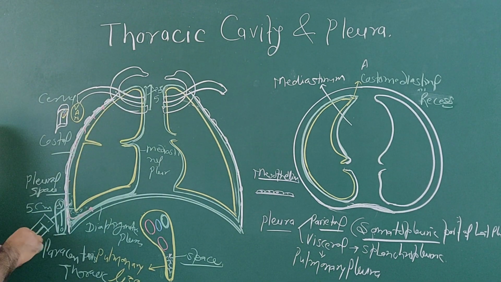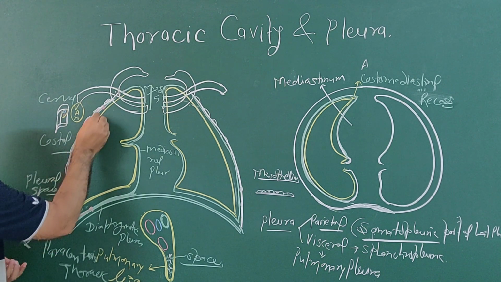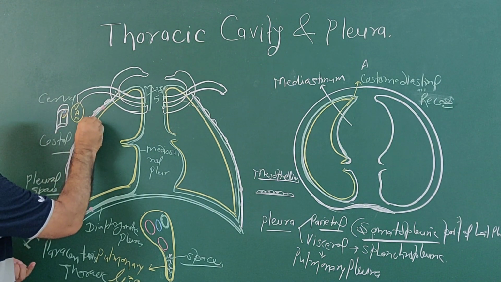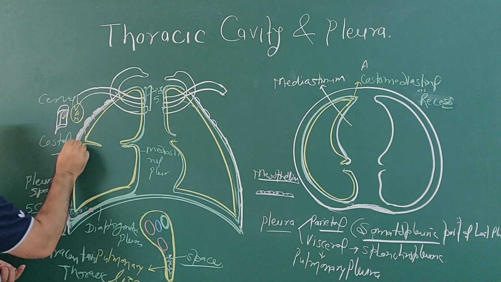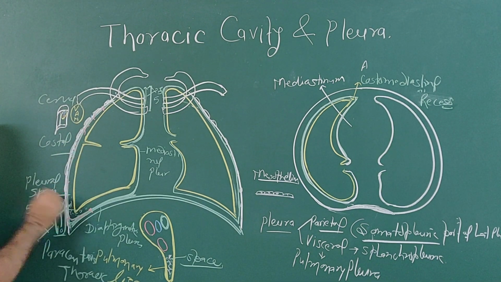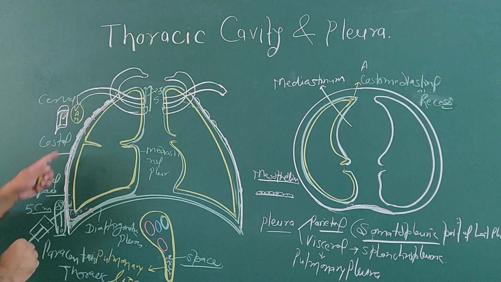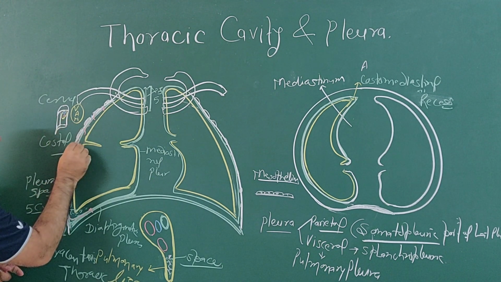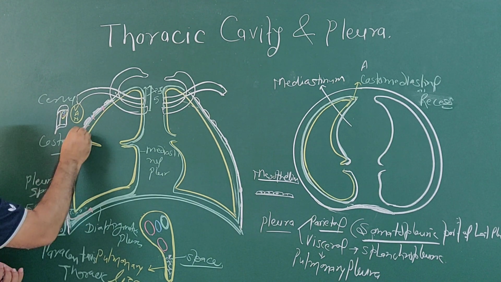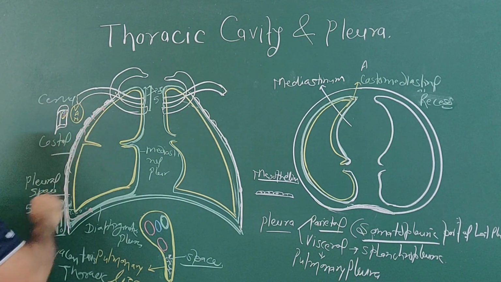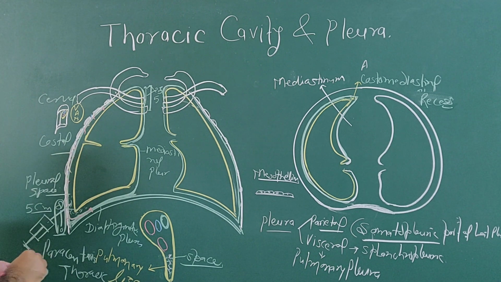Venous drainage is the same, through intercostal veins. These are the intercostal veins. Nerve supply is through the intercostal nerves. So intercostal nerves of the space give supply to the parietal pleura. These are pain sensitive.